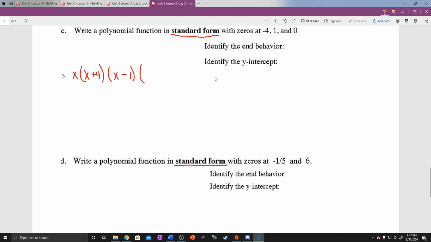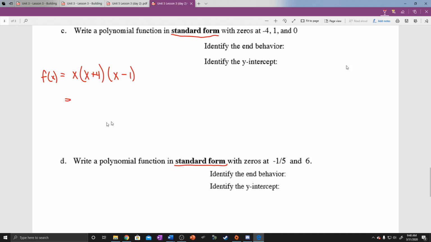So that would just be an x up front. That's going to be f of x. And now this is kind of an important idea: a zero at 0 will just have an x factor.